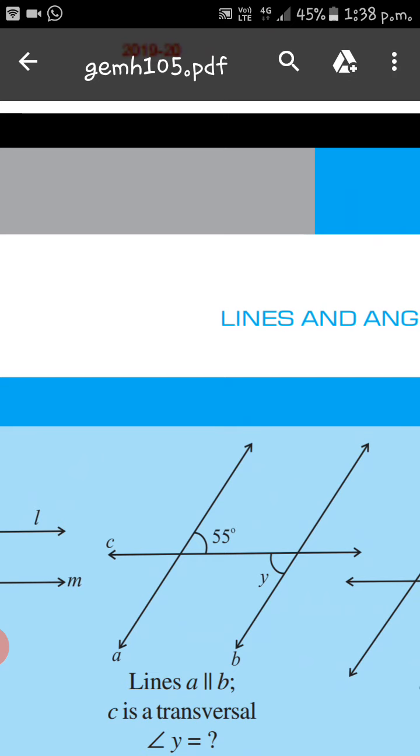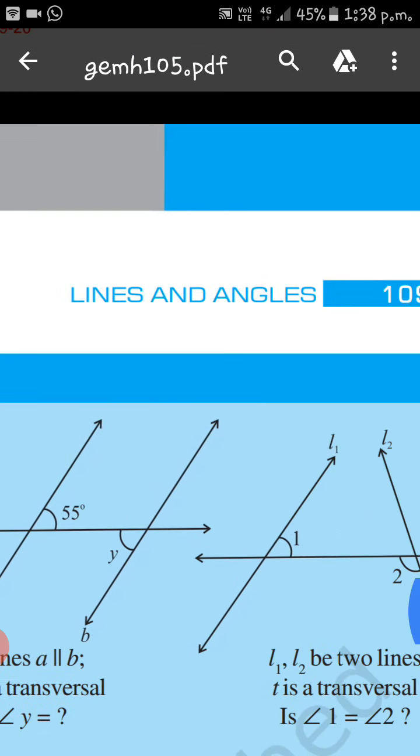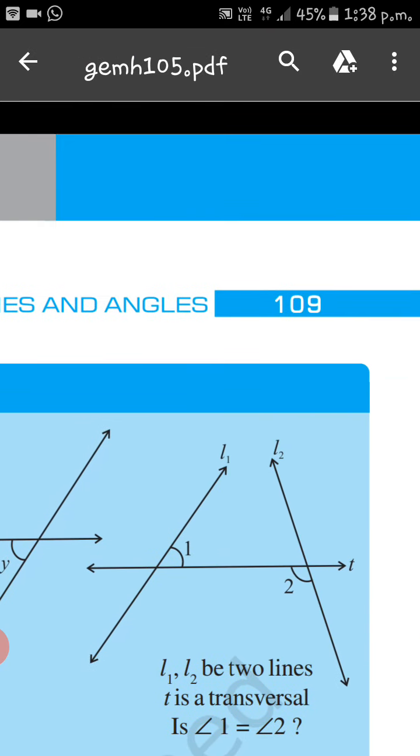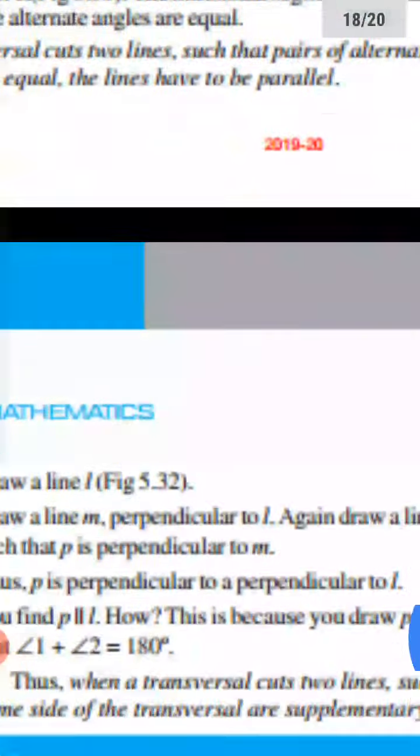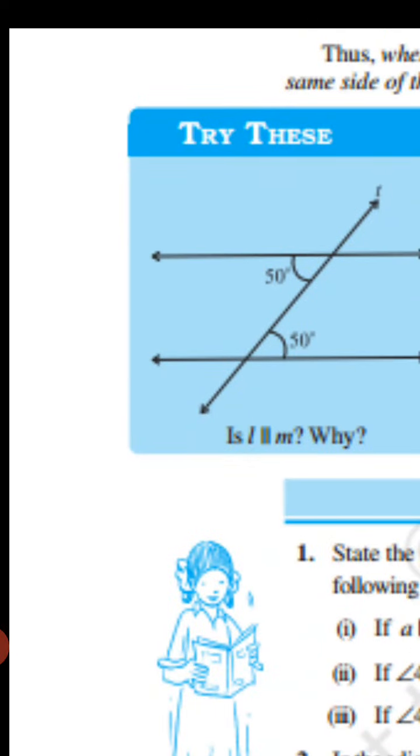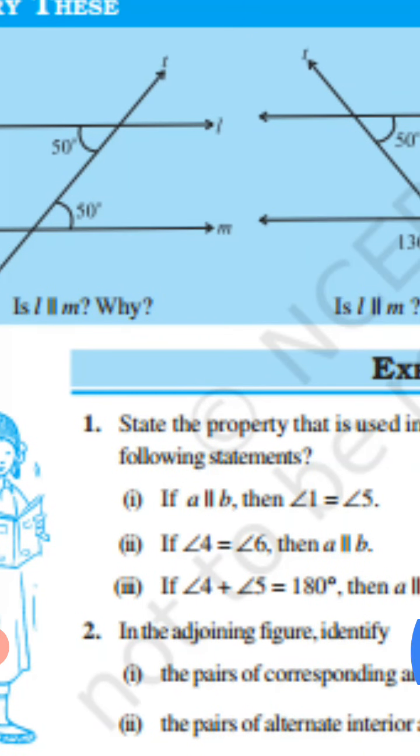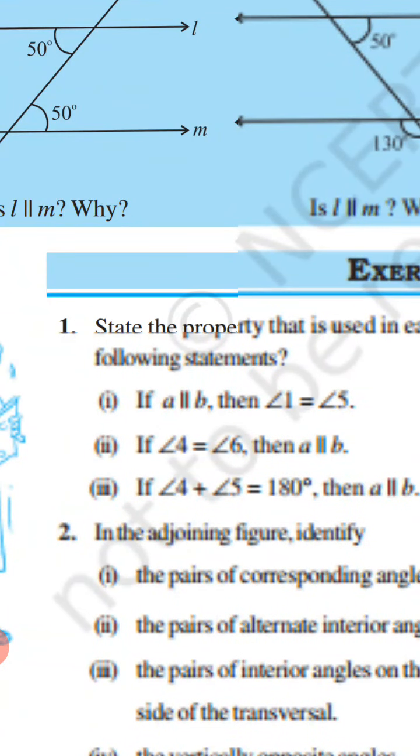Similarly, 55 degree and Y are alternate interior angles because lines A and B are parallel and C is a transversal. So Y is equal to 55 degree. Here 1 and 2 are not equal because the lines are not parallel. So you can do exercise 5.2 now.